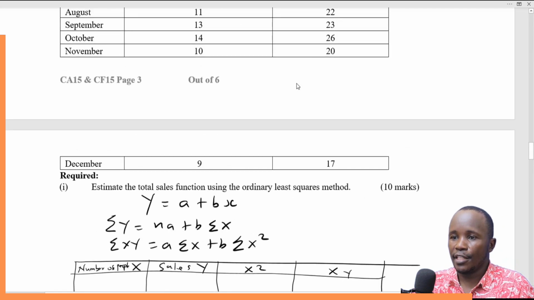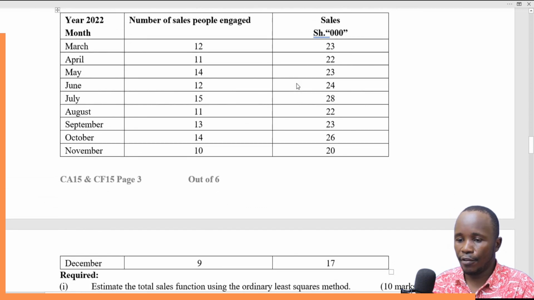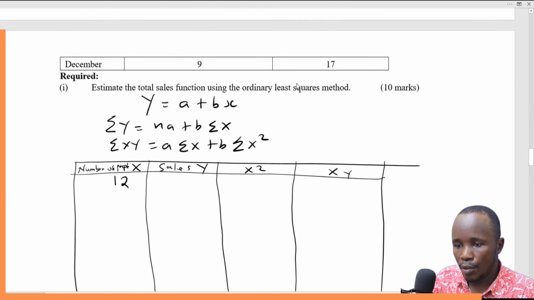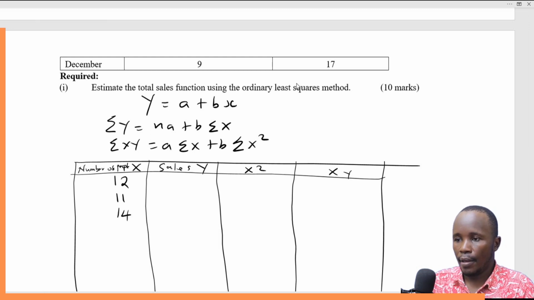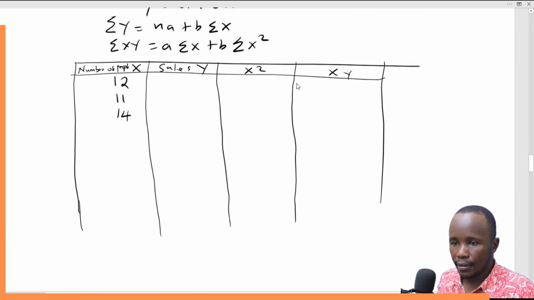Let me transfer this information. X is 12, 11, 14. Then 12, 15, 11.